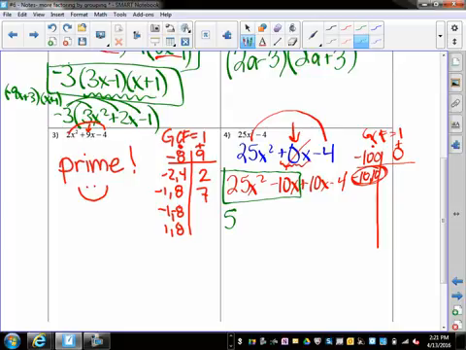Both have an x, so yeah, we can take out an x. Alright, so what's left? What's 25 divided by 5? What's x squared divided by x? Negative 2. Good. Negative 10 divided by 5? Negative 2. Good. And then my x is reduced. End of the box, and in my parentheses.